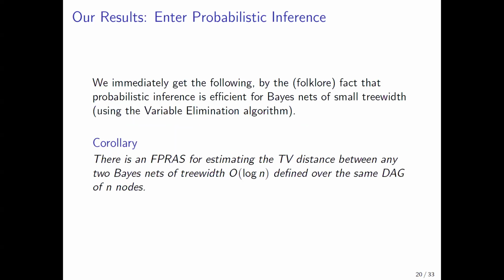As a corollary, we get that there is an FPRAS for estimating TV distance between any two Bayesnets that have small treewidth, and they are defined over the same DAG. Small treewidth here means logarithmic in the number of nodes, and this corollary follows by using our previous theorem with the folklore fact that probabilistic inference is efficient for Bayesnets that have small treewidth.